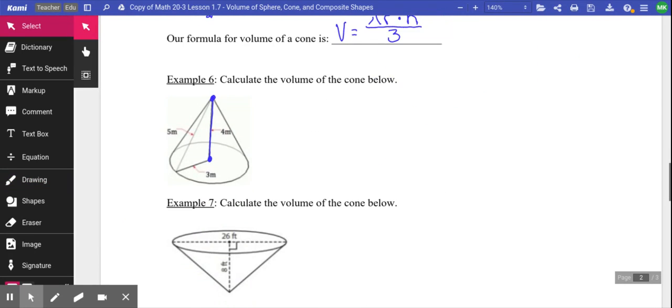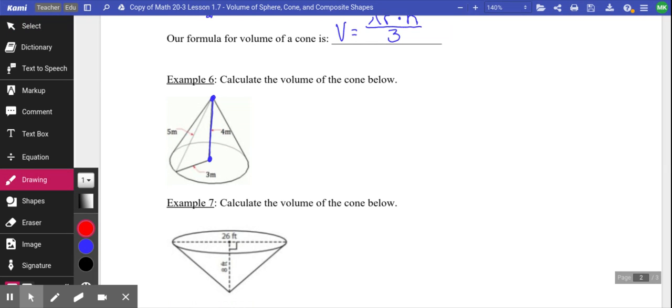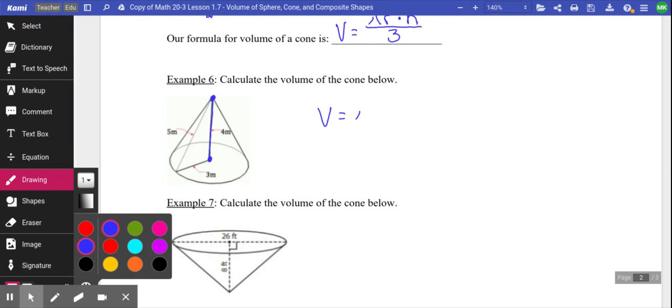Okay, question 6. Volume equals pi r squared height divided by 3. That means volume equals pi, in this case r is 3, and height is 4, divided by 3. Notice that I'm not using that slant height.